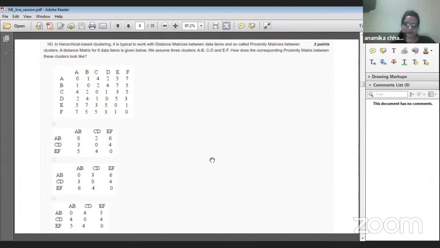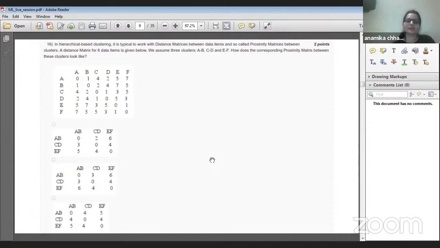One is you find the elements in the two clusters which are nearer to each other, and you find the distance between them. That's one distance measure. Another is you find the elements in the two clusters which are farthest from each other, and you find the distance between them, and you use that as a distance measure.